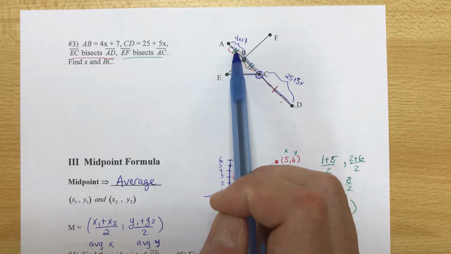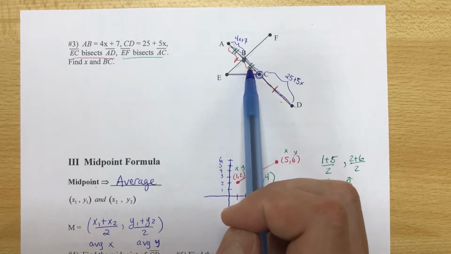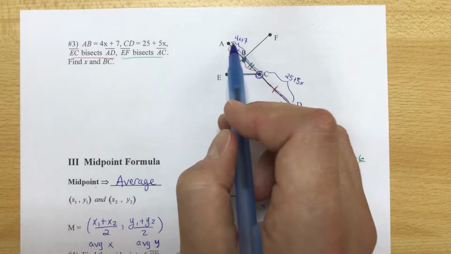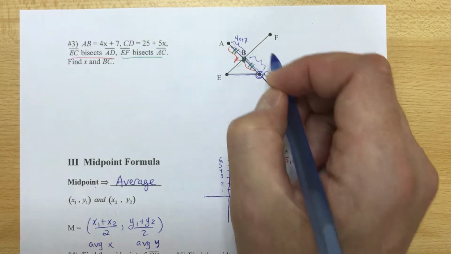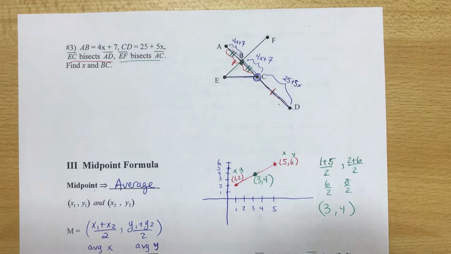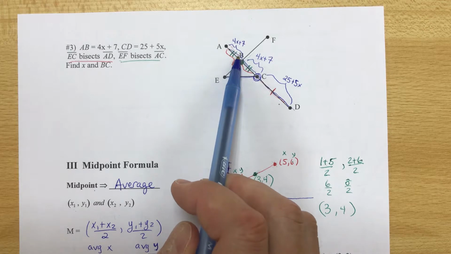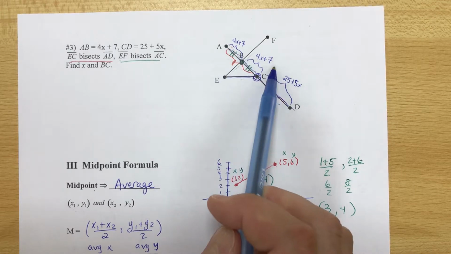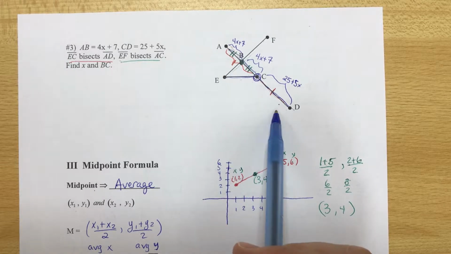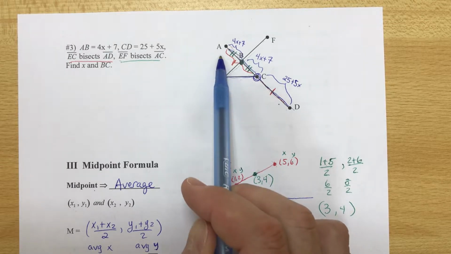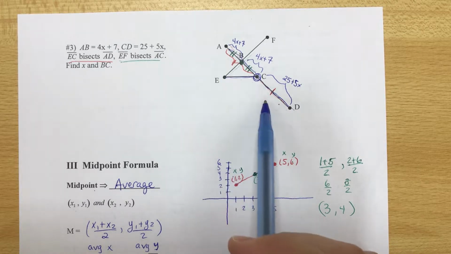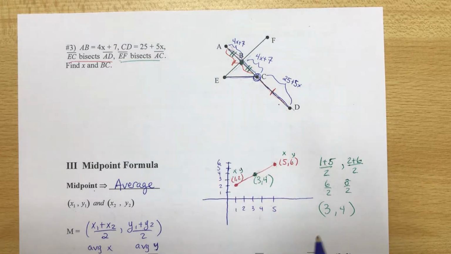However, look at how we labeled it: segment AB is congruent to segment BC because B is the midpoint of AC. So if this is 4x plus 7, so is this. Now you may be tempted to say, let's take AB plus BC plus CD to equal the whole thing. That would be great if they told us something about the length of AD, but they don't. They don't give us any expression or number for that, so we're not going to do that.